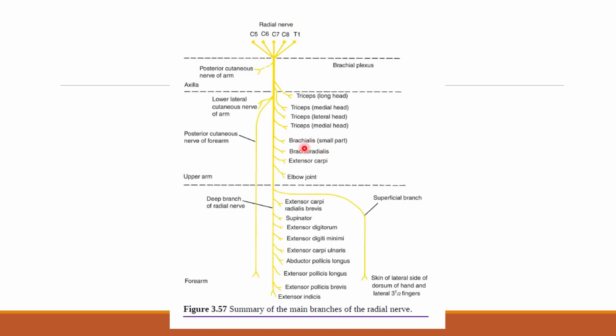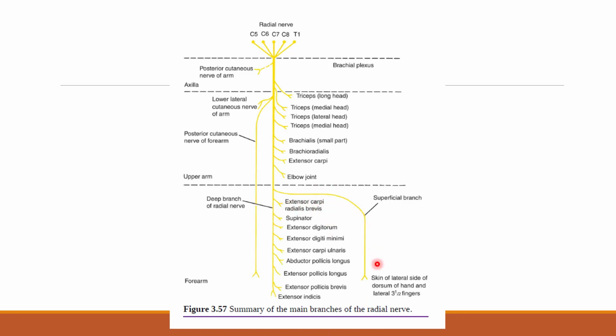It supplies the brachialis also, a small part, the brachioradialis, the extensor carpi muscles and the elbow joint. It is giving the lower lateral cutaneous nerve of the arm also, and mainly the posterior cutaneous nerve of the forearm. In the forearm, it supplies many muscles which are present in the posterior compartment of the forearm.